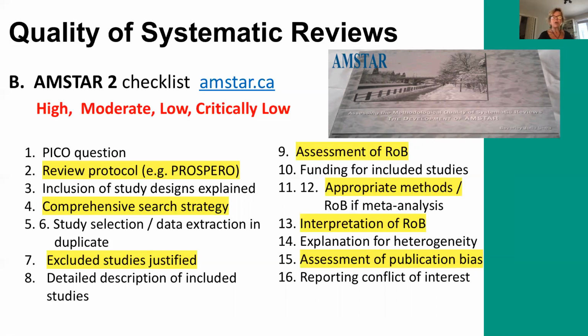And did they use appropriate meta-analytical methods? Did they interpret the results based on the risk of bias in the studies? And did they assess publication bias? Those are some of the critical domains, but if you go on the website, there's a checklist to go through to assess a systematic review to determine how it's rated in terms of the confidence in the results of the review.